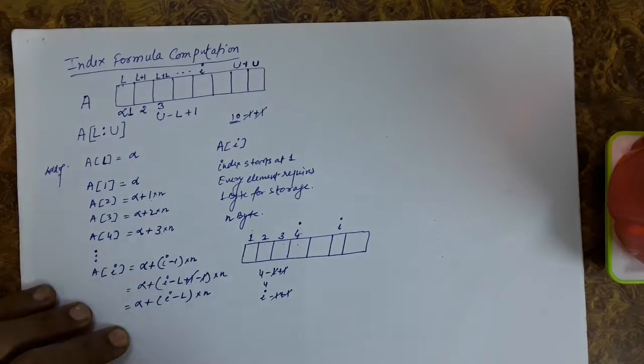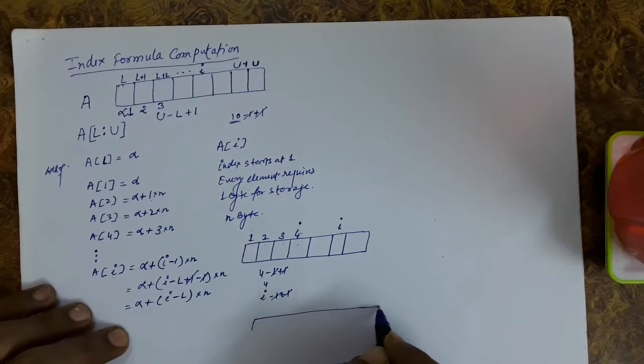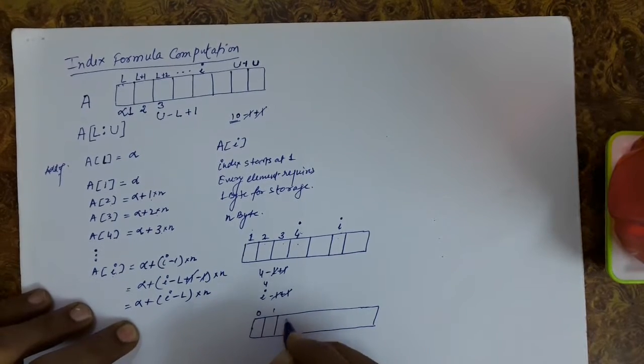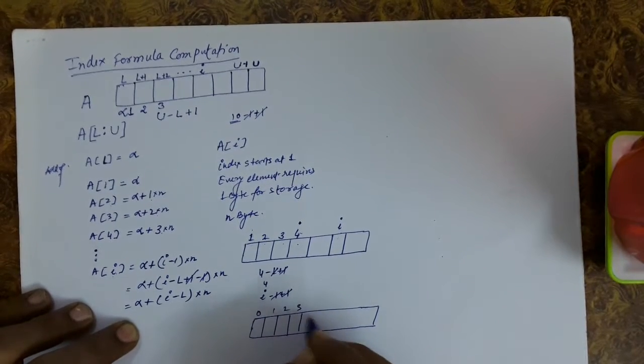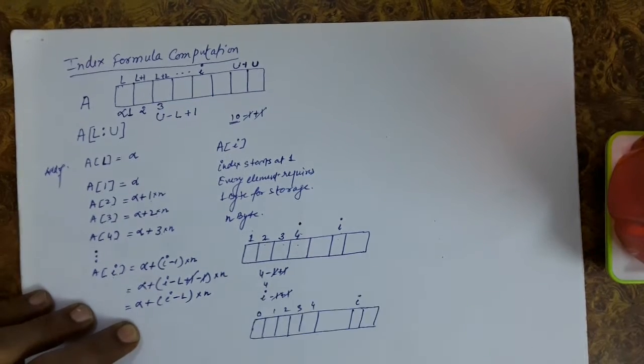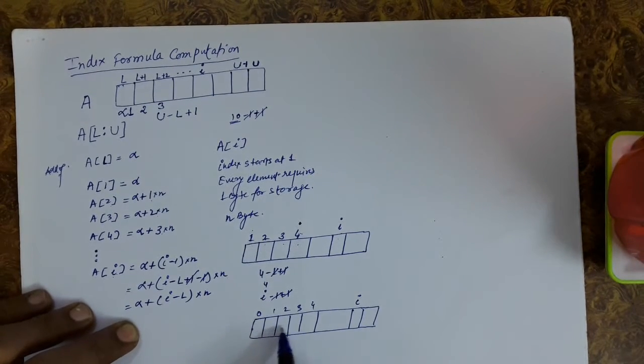If we take just one more example just to explain how this is done. Let's say the first index is 0, and we just need to find out how far the ith element is from the first index, or how many elements we actually crossed to reach the ith element.